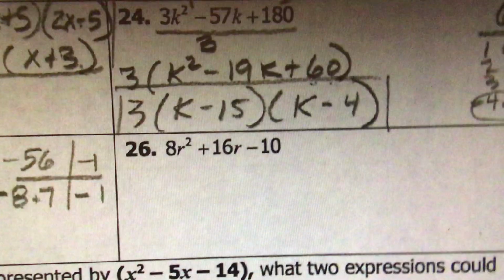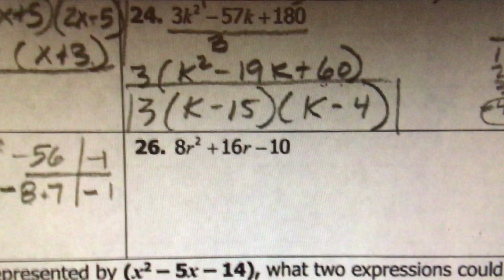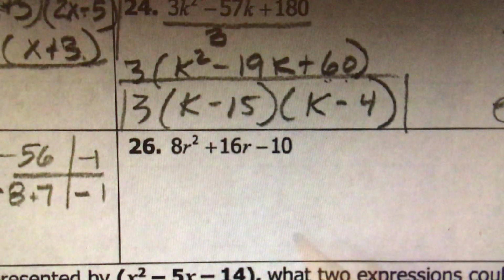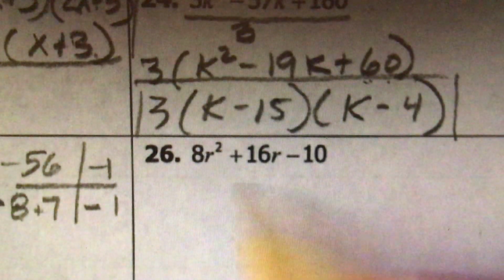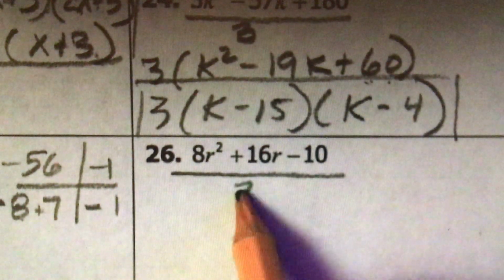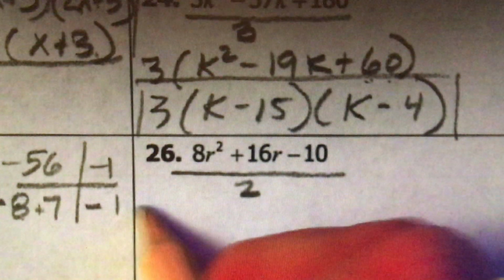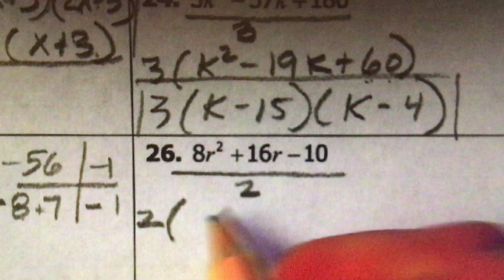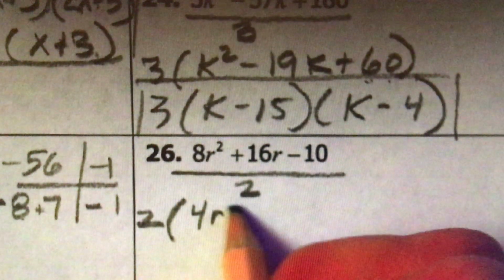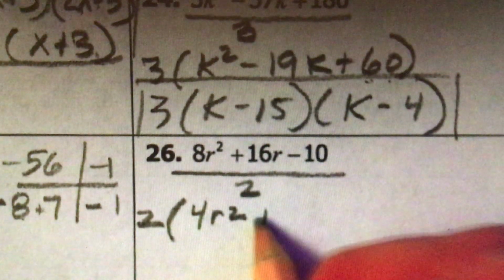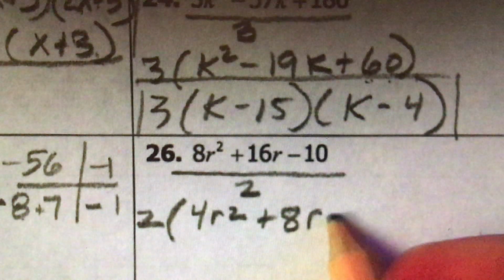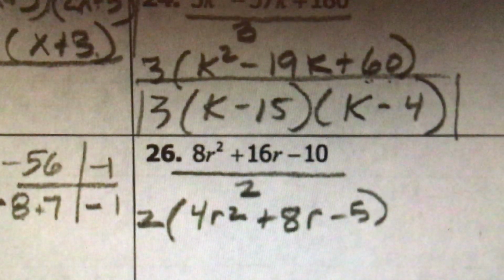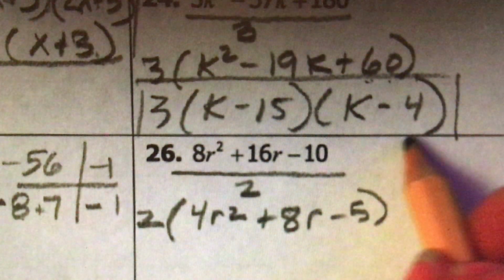26. Let's see, it looks like they're all even, which is nice, because I can extract a 2. And then what's left over? I got 4r squared plus 8r minus 5. I have a feeling I'm going to do the slide and divide. Slide, divide.